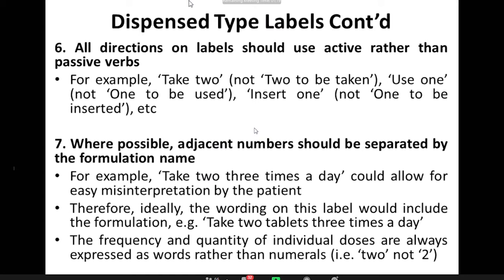Okay, so you avoid certain adjacent numbers to be used, or certain numbers to be adjacent. So at all times, for example here, take 2, 3 times a day. If this 2 is a number and this 3 is a number, it may actually mean 23 to some patients.